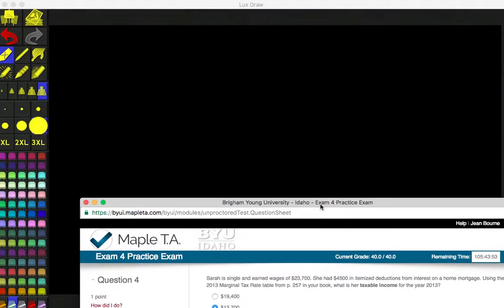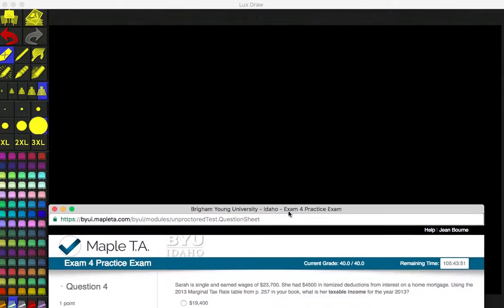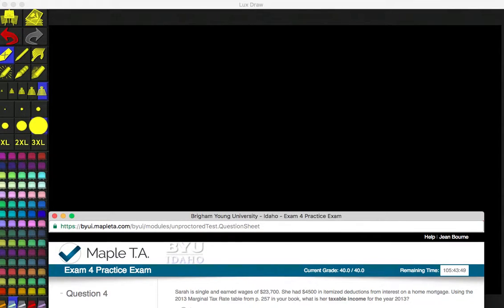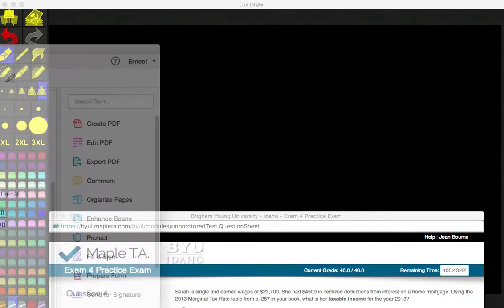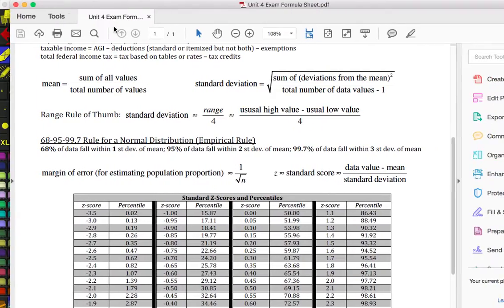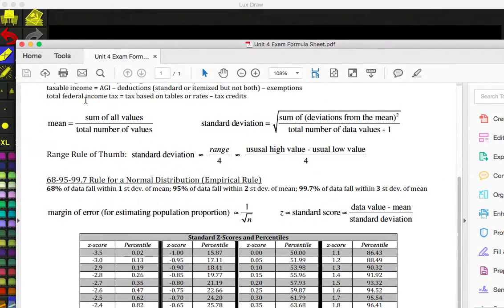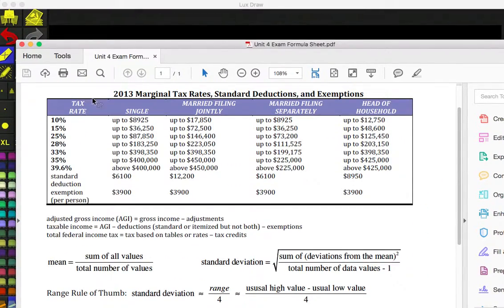Okay, so one thing we're going to look at is what taxable income is. This is kind of a cool thing that this has on here. It tells us that you start with your gross income. Then your adjusted gross income is the income minus the adjustments.